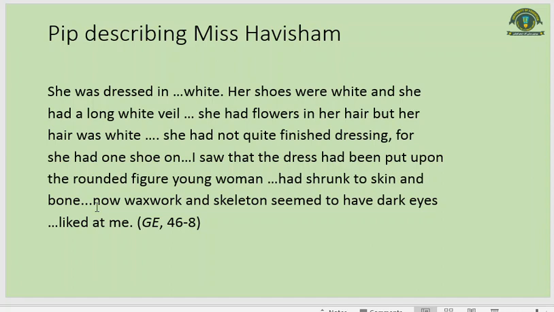So that is how differently he has presented the characterization of Miss Havisham. We can see that there is an amalgamation of a happiness or comic element and a sadness or terrifying element, so estrangement.